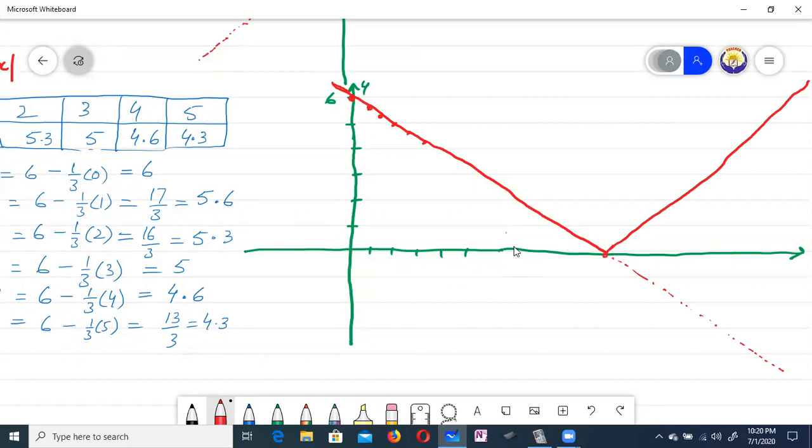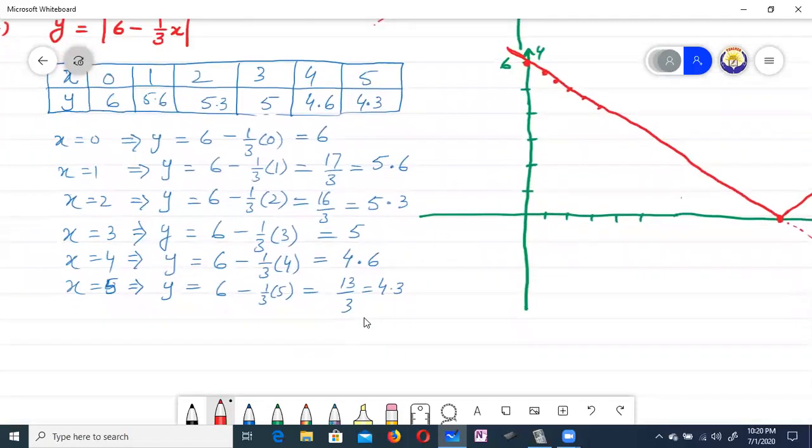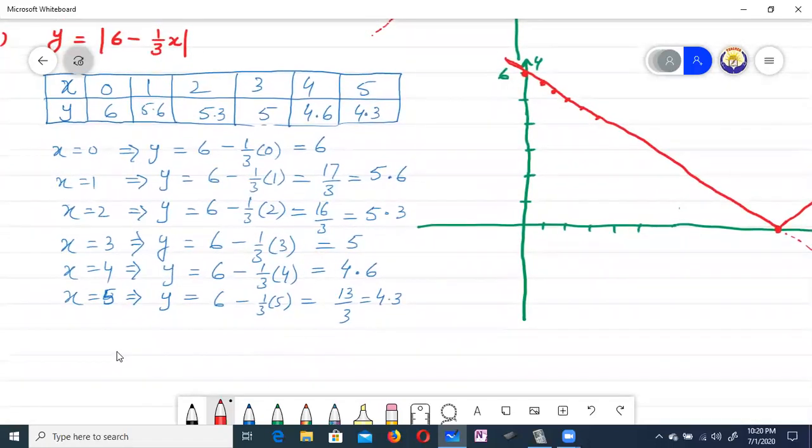As here, this is the turning point on x-axis. You know, on x-axis y will be 0. We can check here what is the value of x at this point. If y is 0, then 0 is equal to 6 minus 1 by 3x, then minus 1 by 3x on the other side is plus 1 by 3x is equal to 6, and x equal to 6 3s are 18.